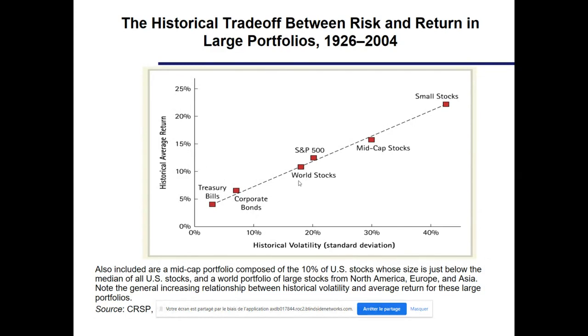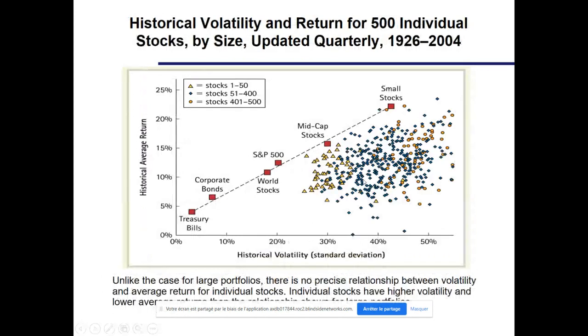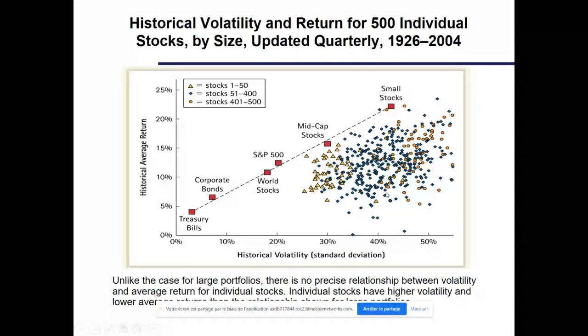However, if you look at individual stocks, like GM stock and American Airlines stock, we can see that all those stocks with the same level of return as the large portfolio always have a higher total volatility.